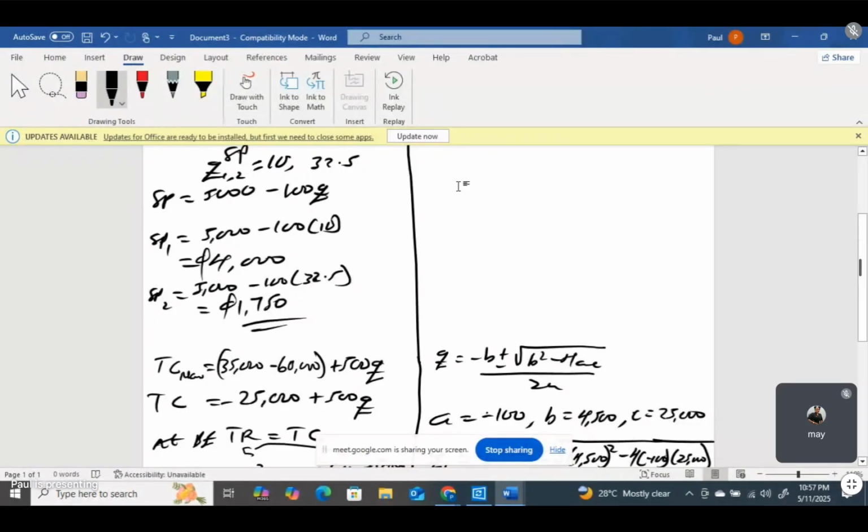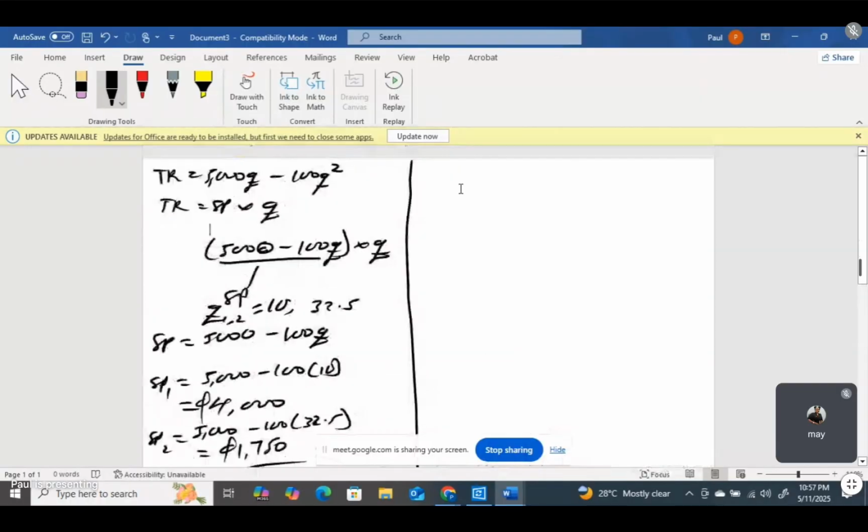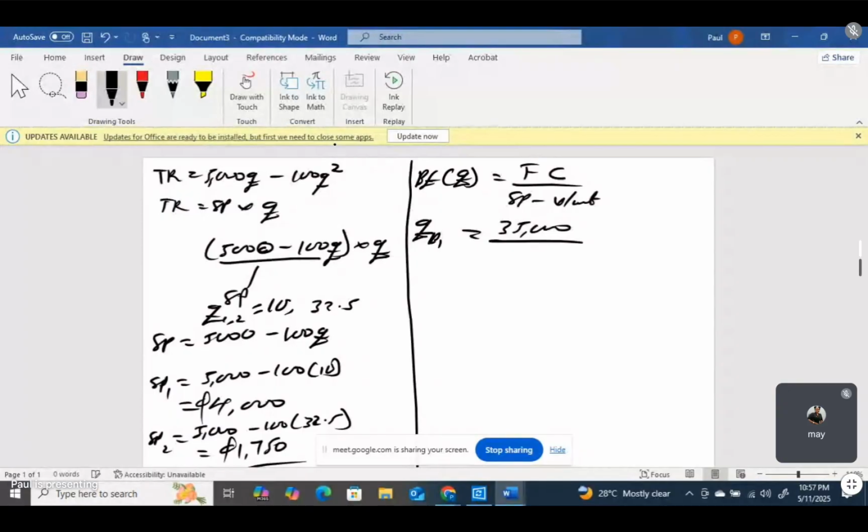If we want to break even in terms of quantity, break-even quantity is equal to your fixed cost divided by your contribution per unit, and contribution per unit is selling price minus variable cost. So the break-even quantity 1 becomes the fixed cost, 35,000, divided by the first selling price, 4,000, minus the variable cost, 500.